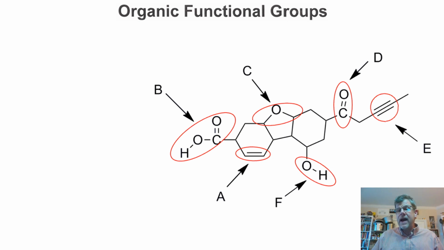Essentially what we have is a bunch of functional groups perched upon a framework. Now the framework of these molecules is carbon-carbon single bonded. So we could really say that since alkanes are carbon-carbon single bonded, the vast majority of this molecule would be alkane structure. And we'd be right.